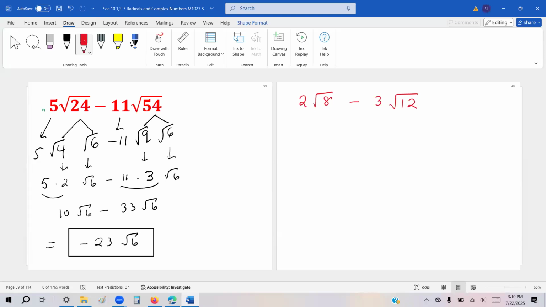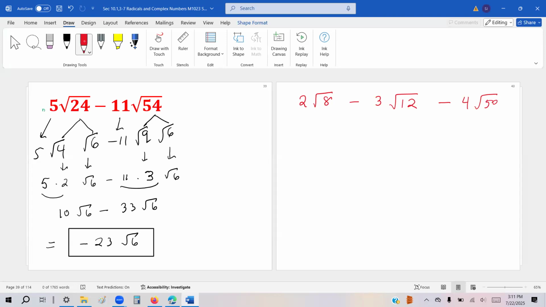Okay. So 2 square root of 8 minus 3 square root of 12. And let's put another one. 4 square root of 50. 4 square root of 50.